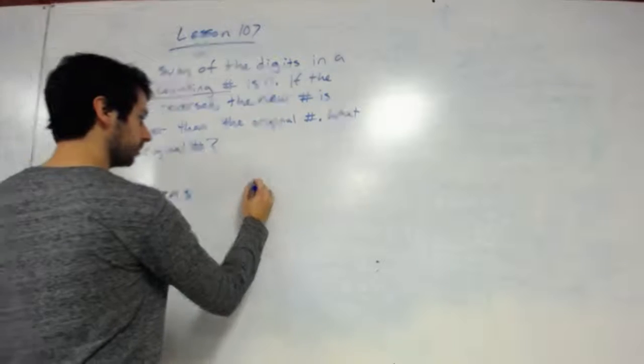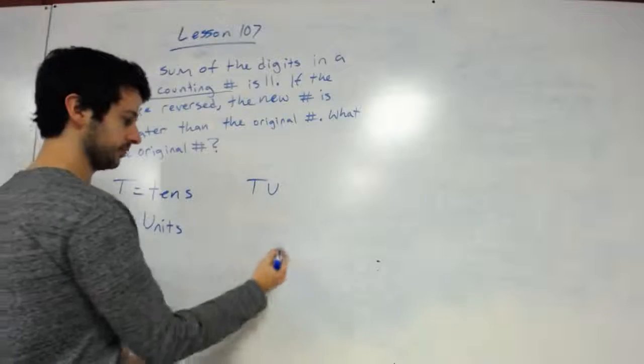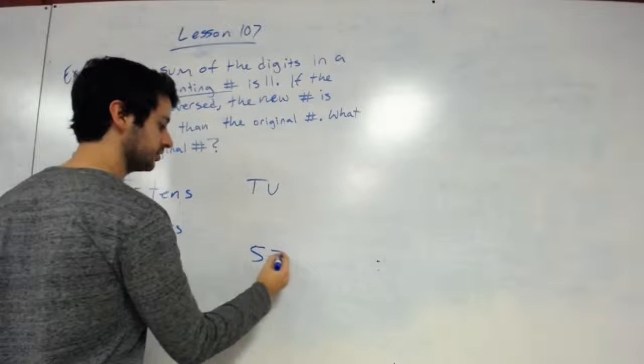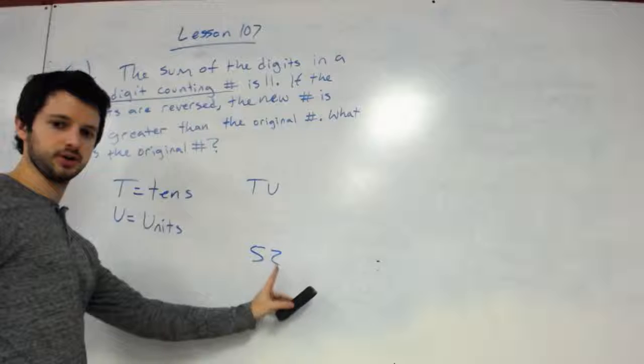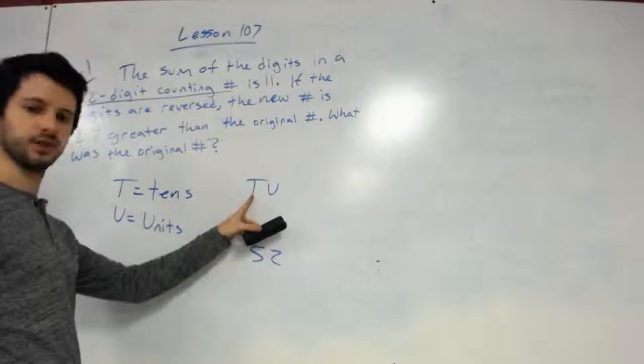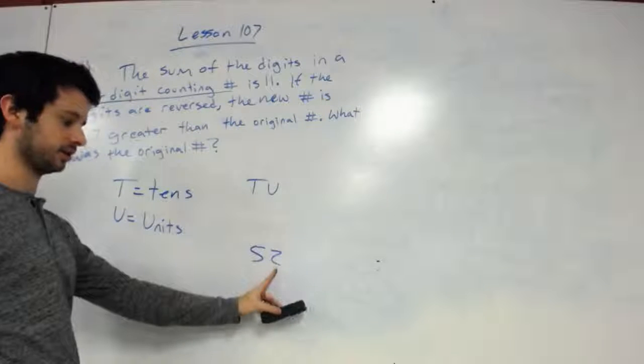So my number, I'm going to write it as TU. Say, for example, the number is 52. I have a number in the tens place, and a number in the units place. My tens place number is 5. My units place number is 2.